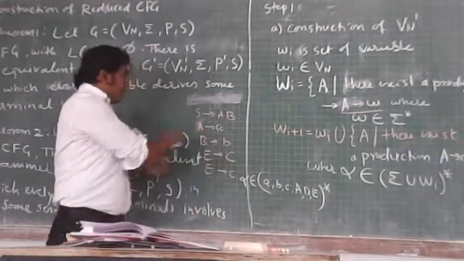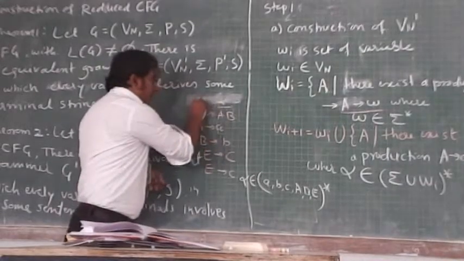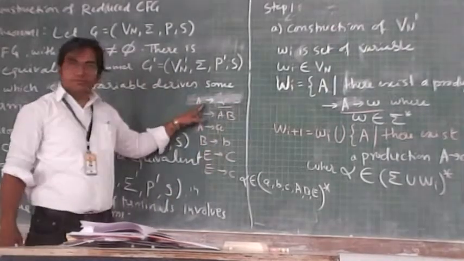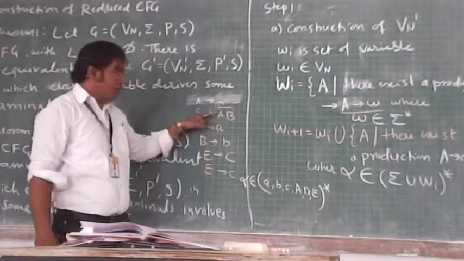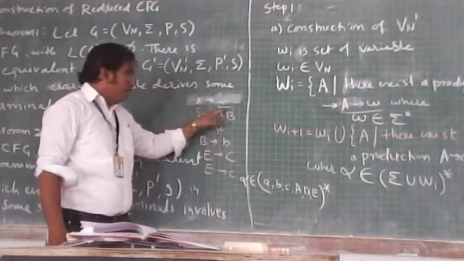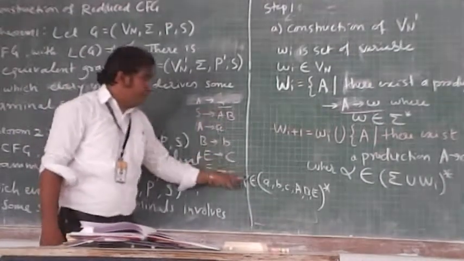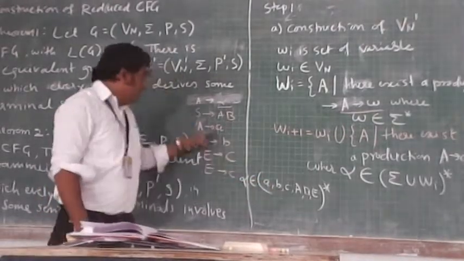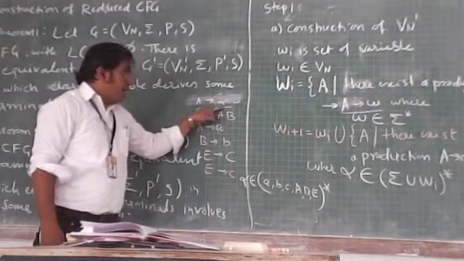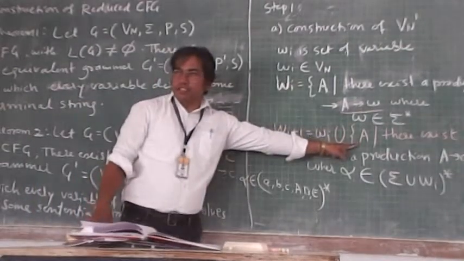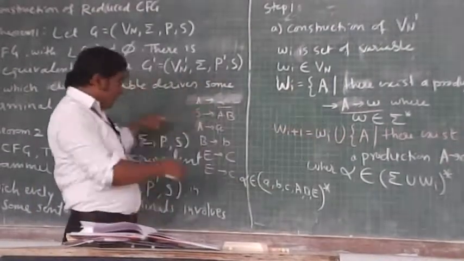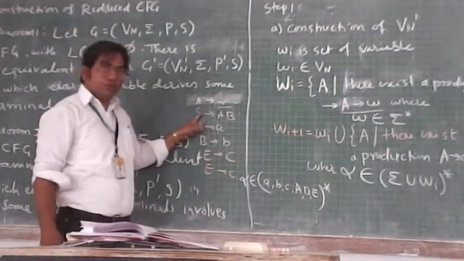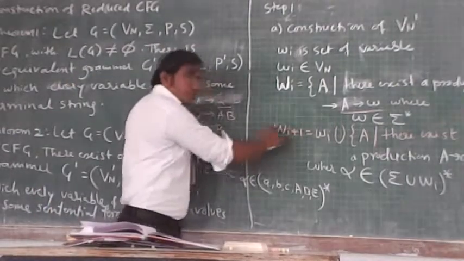A implies alpha, here alpha is AB. Does alpha belong to this? It is. Then this particular production passed this condition. That's why the left hand side of this production we should add into WI plus 1.